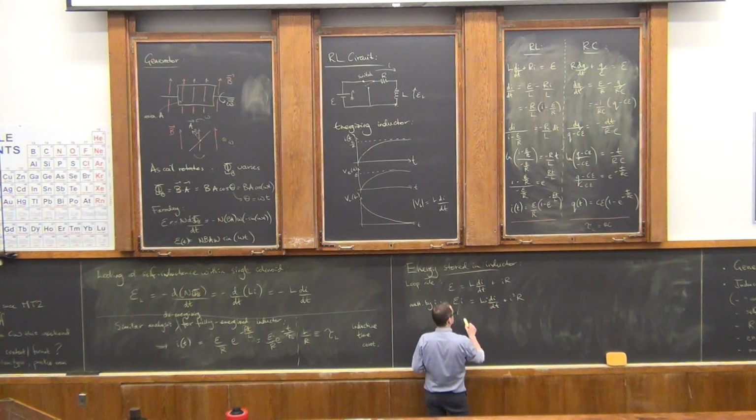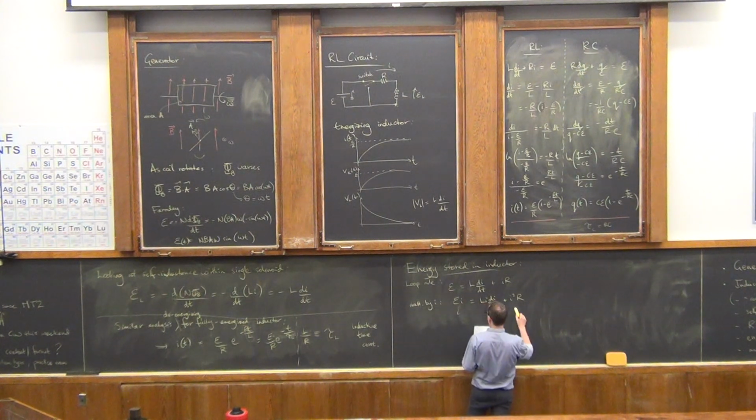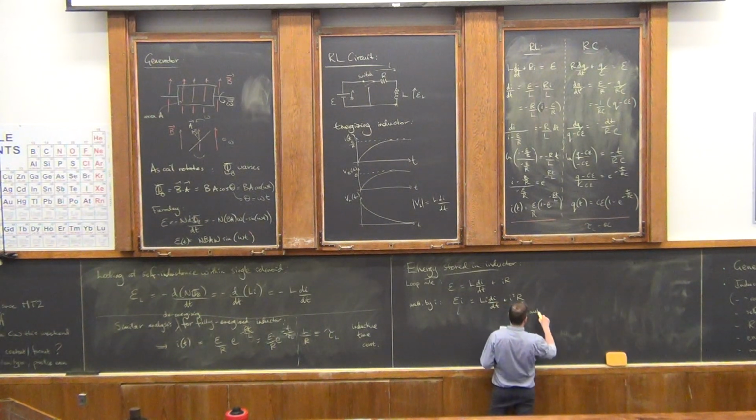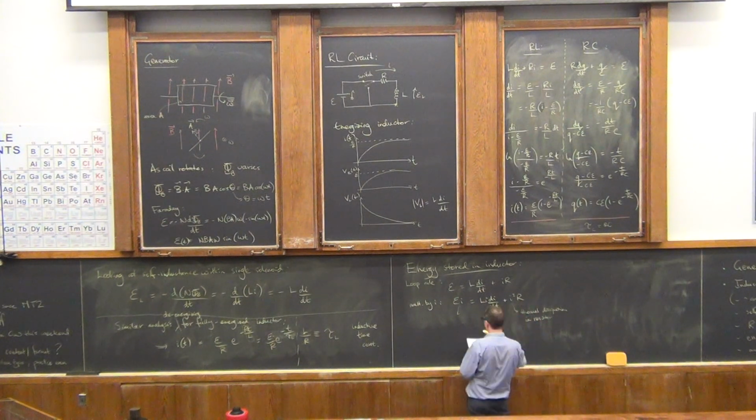Some terms in here should look kind of familiar. This is the power dissipated, most likely in the form of heat: thermal dissipation in the resistor.